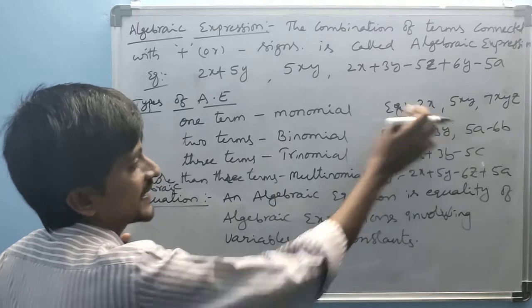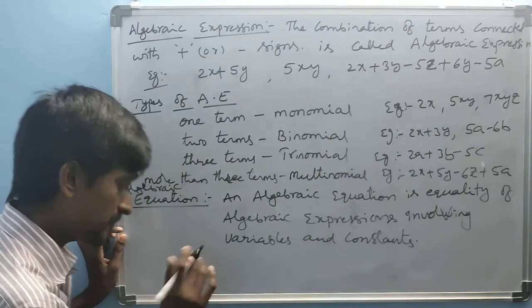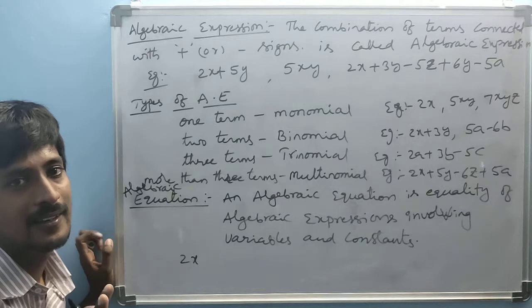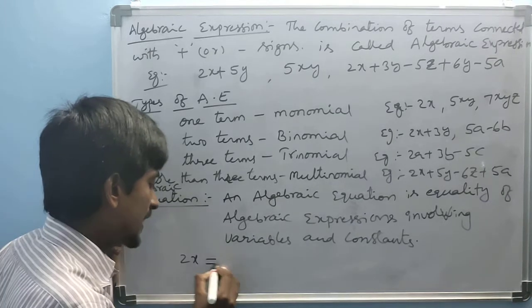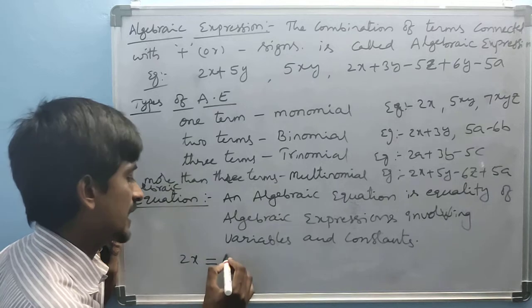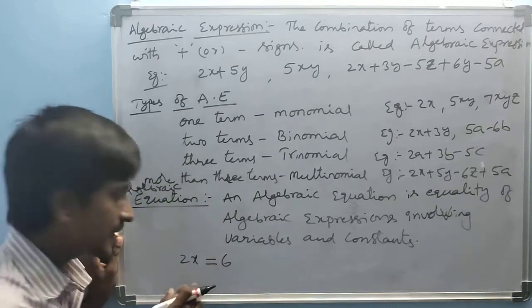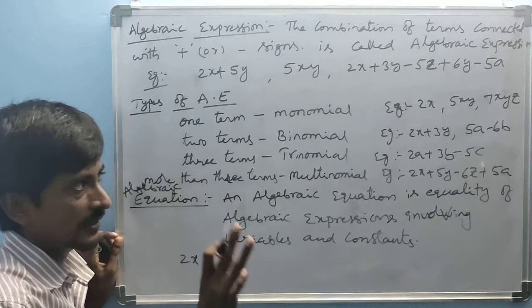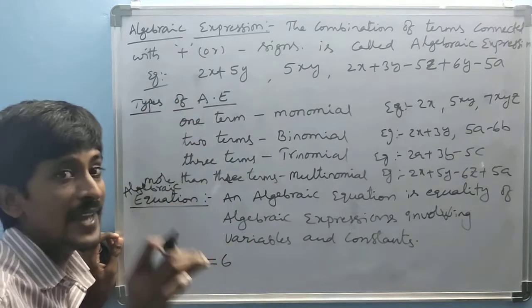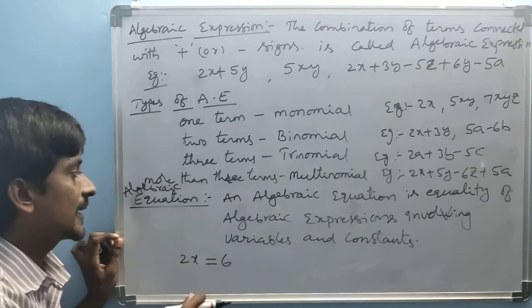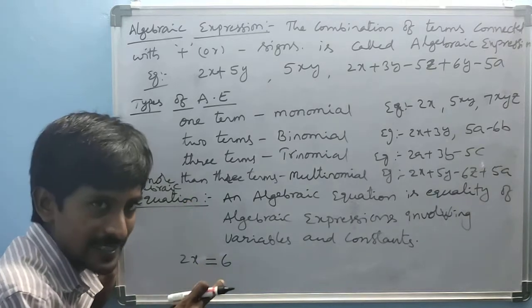For example, 2x is an algebraic expression only. An equation has an equality symbol. For example, 2x equals 6. This is one algebraic equation. If 2x only is there, that is an algebraic expression only. If it is equal to something, that is called an algebraic equation.